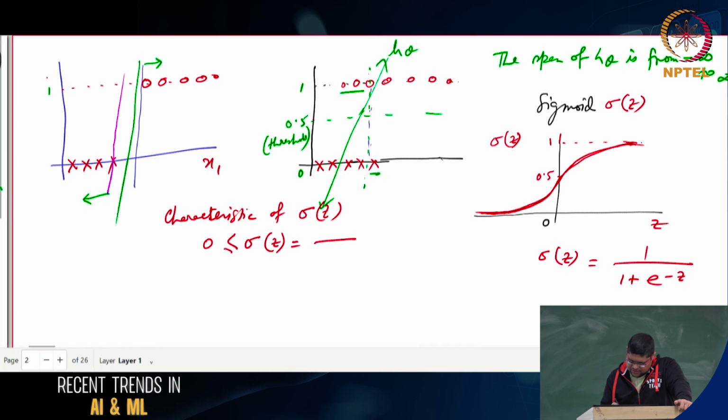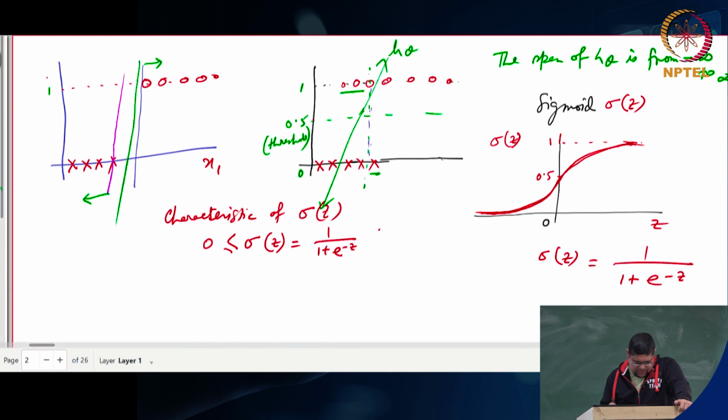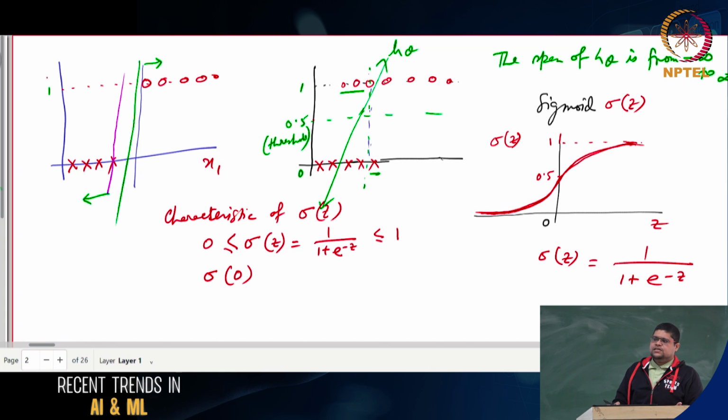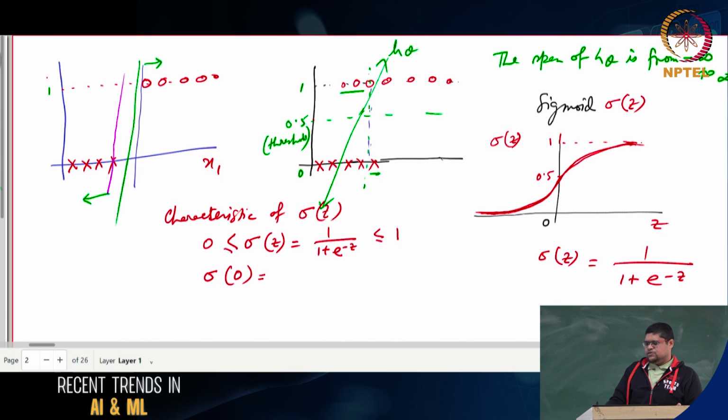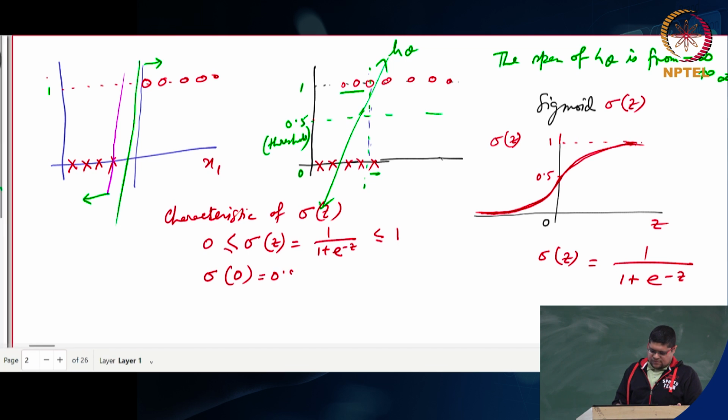So sigma Z is 1 by 1 plus e to the power minus Z, and sigma 0, this value is what I have written in the curve. Can you check and tell me? Instead of Z you just put 0: 1 by 1 plus e to the power 0, that is 1 by 2.